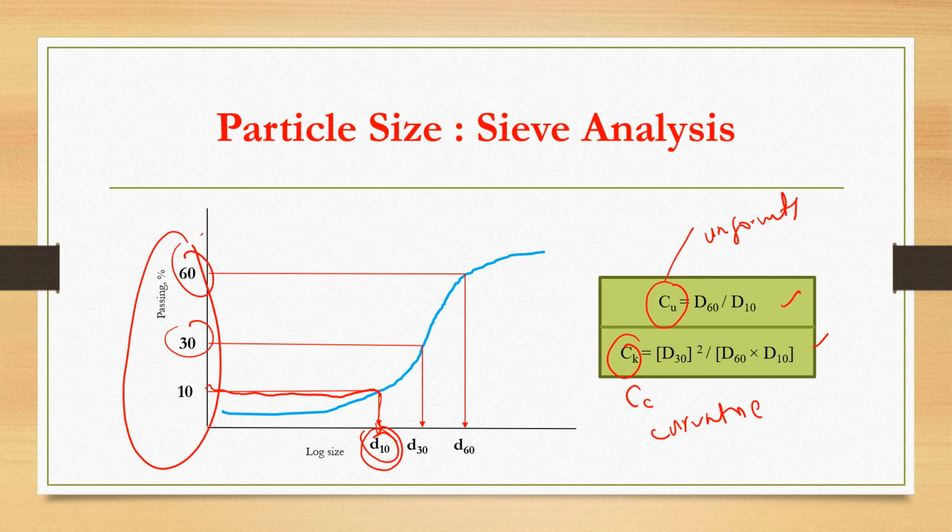But as I mentioned in the previous slide, without having to calculate these two parameters, you can also easily identify from the curve whether it's well graded or poorly graded. But if you want to further prove it with values, then you have to provide these two values, CU and CK.